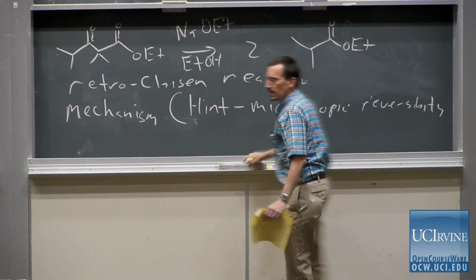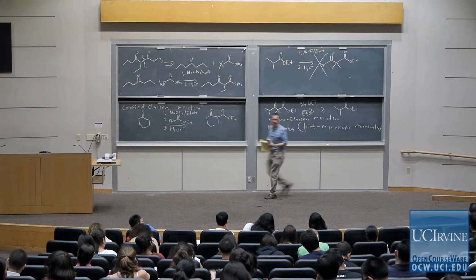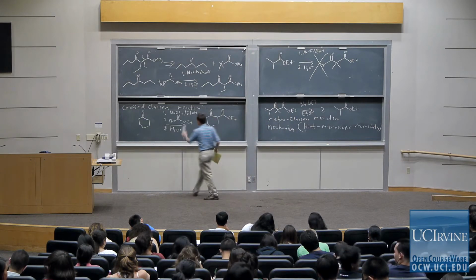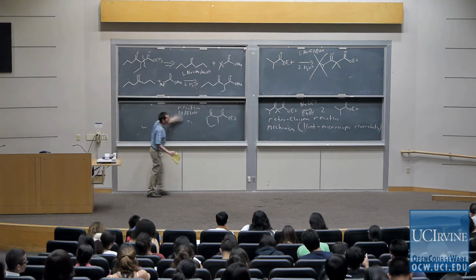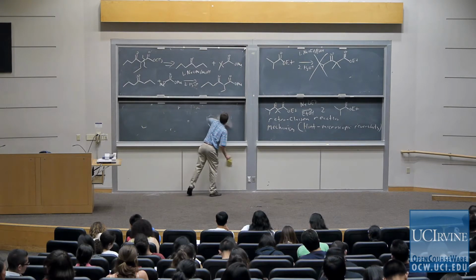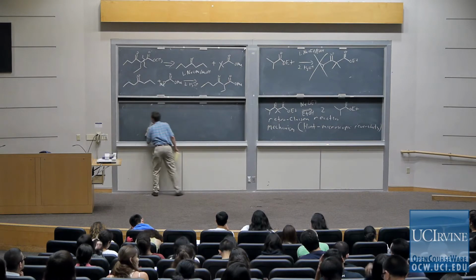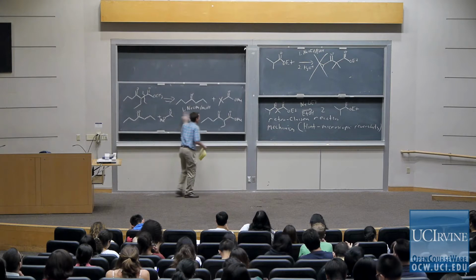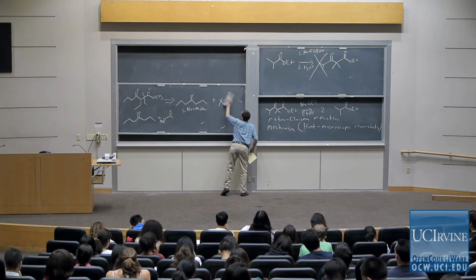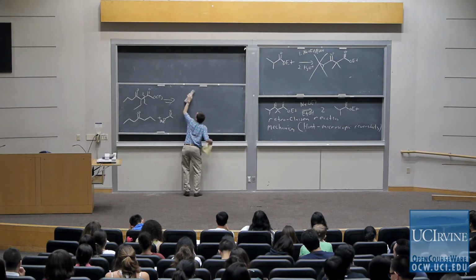So if you can write the mechanism for the Claisen reaction in a forward sense, you can write it in the reverse sense. Just start at the last step. Obviously, you don't have that deprotonation, but start at the breakdown of the tetrahedral intermediate and envision adding a nucleophile to that. Envision adding ethoxide to that and push some arrows, and you'll be right back at your reactants.